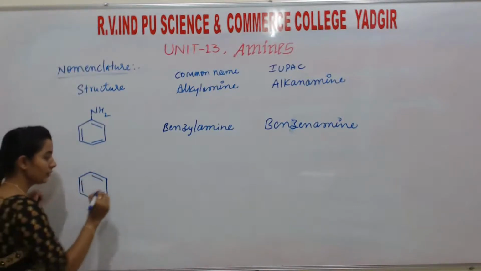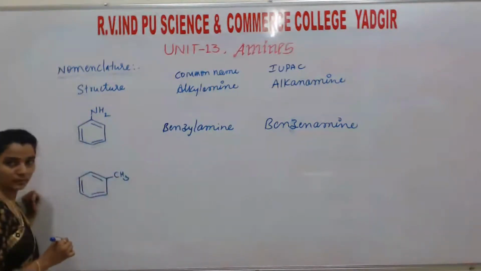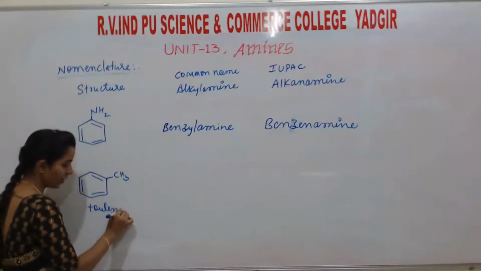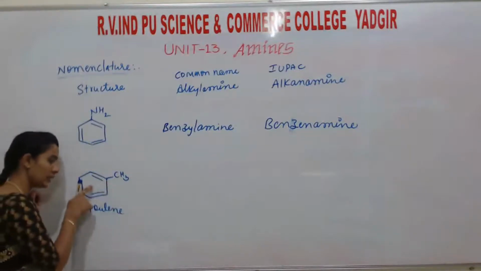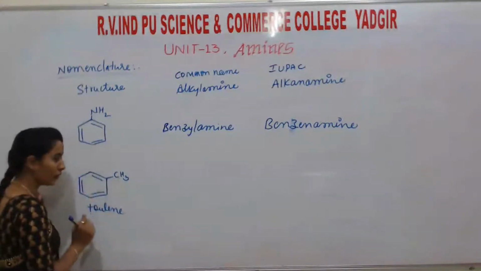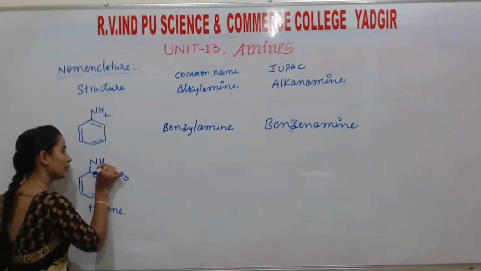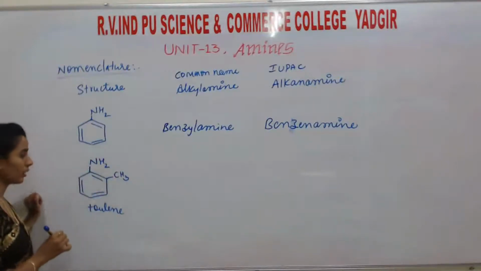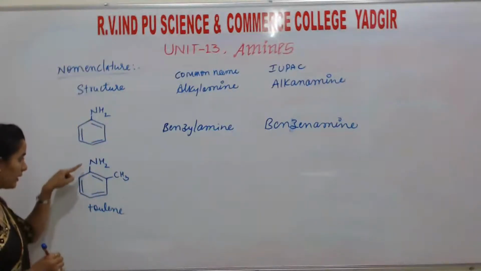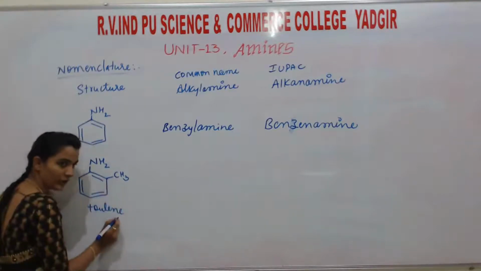If CH3 is attached to this, it is called toluene. A benzene ring with a CH3 group is called toluene. Okay, if this type of compound gets ammonia replaced, or ammonia is replaced by this type of compound, this becomes the functional group, like toluene, students.